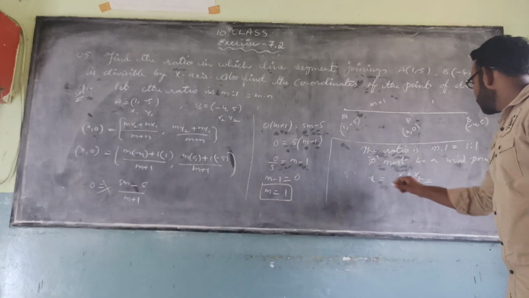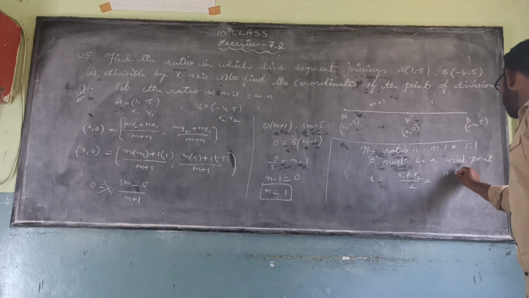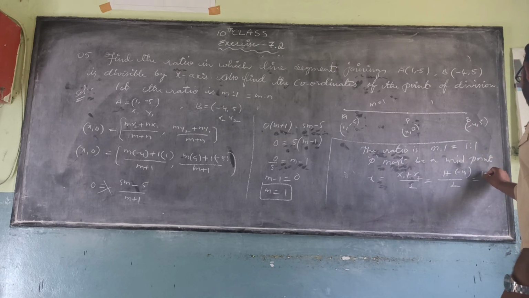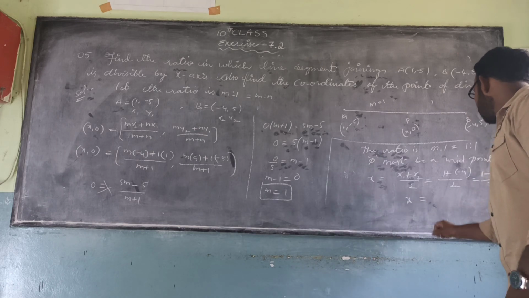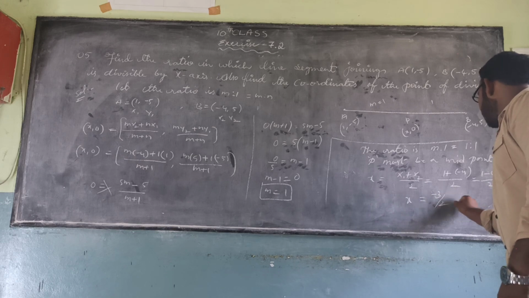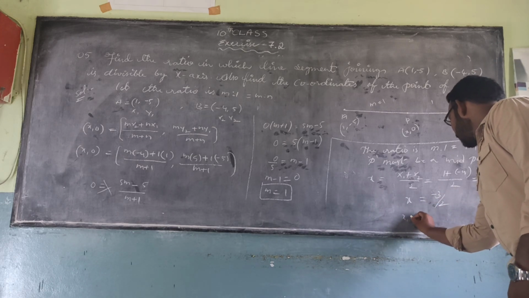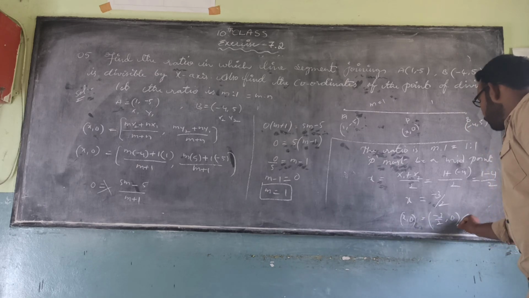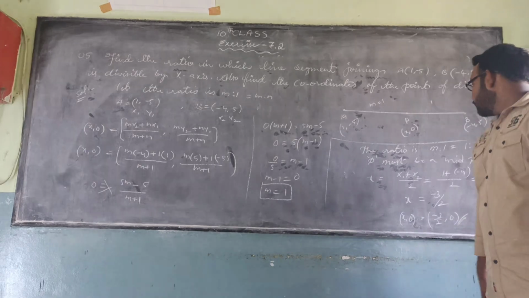So x1 is 1 plus x2 is -4, by 2, that is x is equal to -3 by 2, and (x, 0) is equal to (-3/2, 0). This is the required point P.